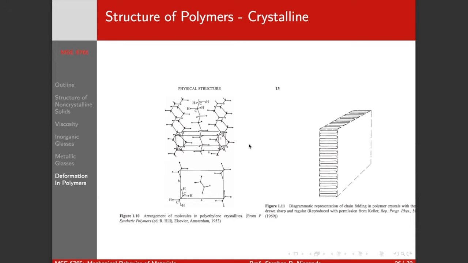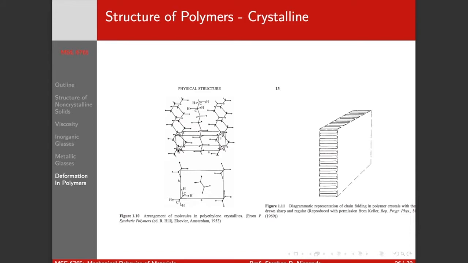Okay, and to wrap it up, we want to talk about deformation of semicrystalline polymers. So remember, back when we talked about viscoelasticity, we talked about the structure of polymers, right? And we said we can get semicrystalline by arranging, this is polyethylene, the chains in this way, and we get a unit cell here, right?